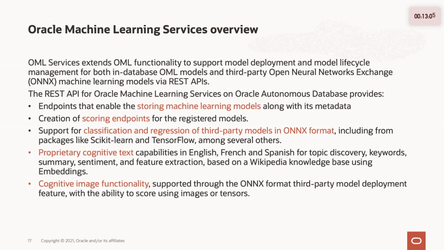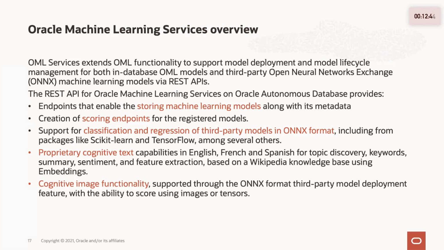It extends the functionality of OML and helps you with model deployment and model lifecycle management. We do that for in-database models, and then we do that for the ONNX, or Open Neural Network Exchange, format models as well.